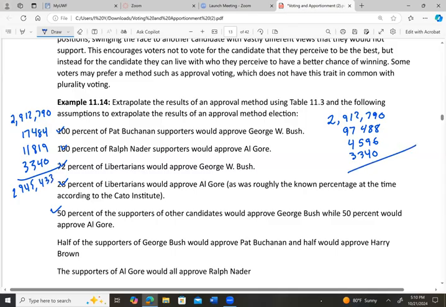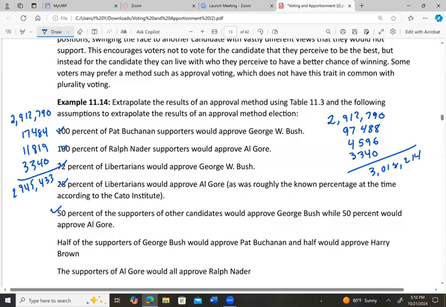And here I would have 2,912,790 plus 97,488 plus 4,596 plus 3,340. 3,018,214. Now here's the weird part.